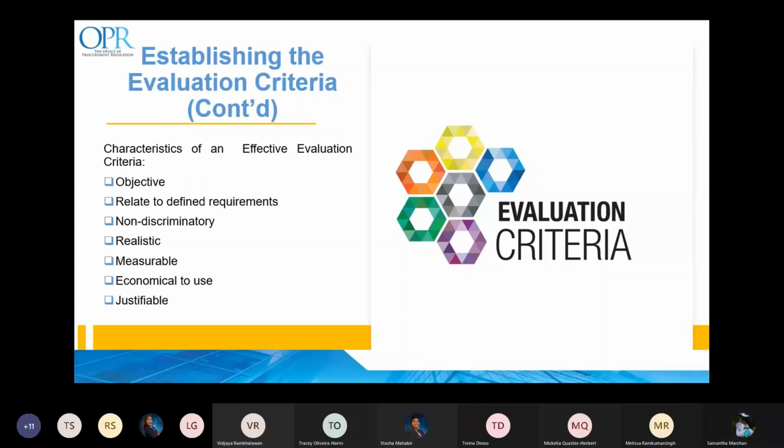They distinguish mandatory and non-mandatory characteristics, being realistic given the context. They use measurable standards and sub-criteria to simplify evaluation. They are economical to use: the application does not consume an unreasonable amount of time or resources. And they are justifiable. This means they must make sense and can be justified based on common sense, technical, and legal basis.